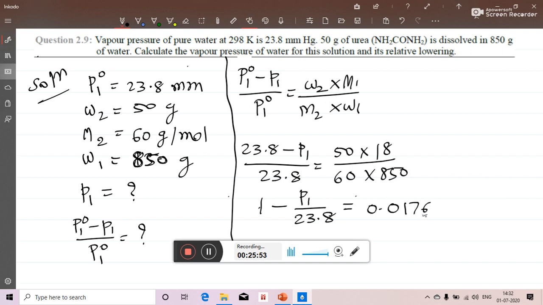So P1 upon 23.8 is equal to 1 minus 0.0176.